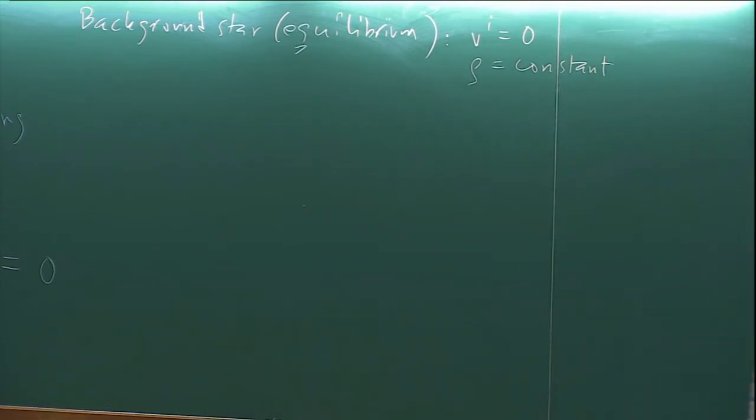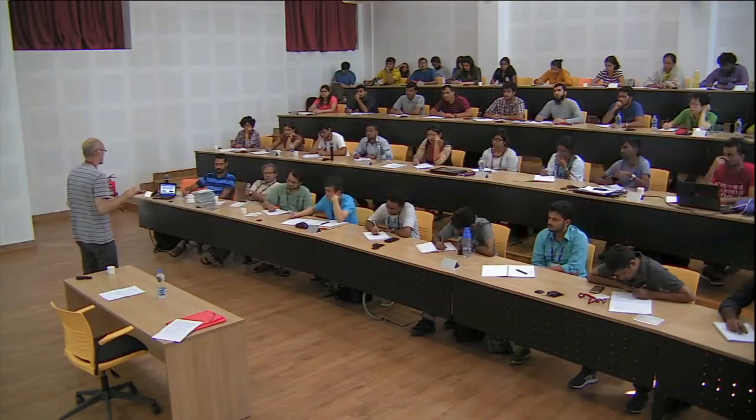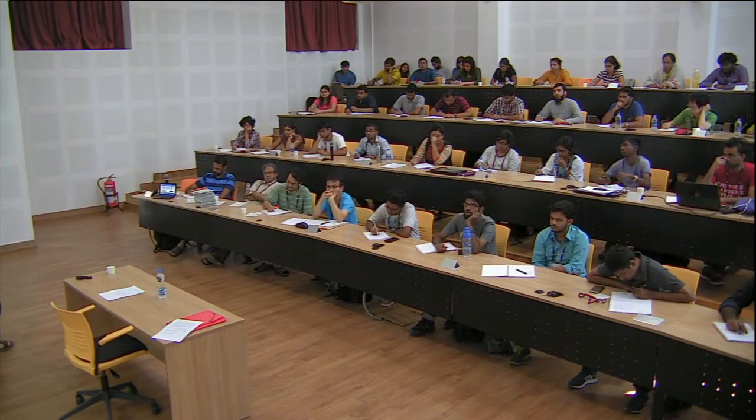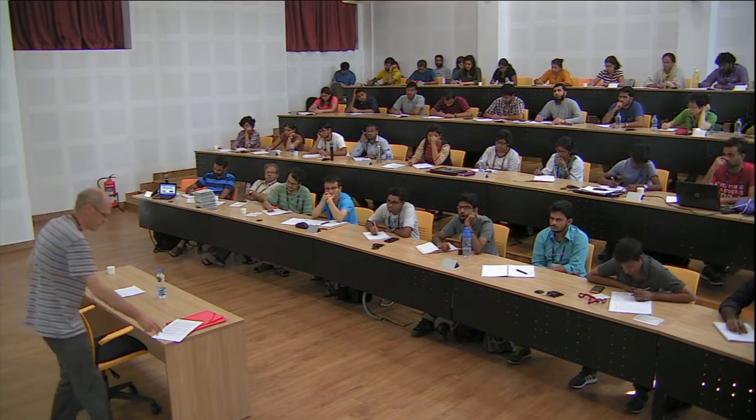So there is obviously no, there's an incompressible object. There is no such thing in reality. Water is almost incompressible. Neutron star matter is definitely not. Okay, but this simplifies life, as you will see in a second, quite a lot.